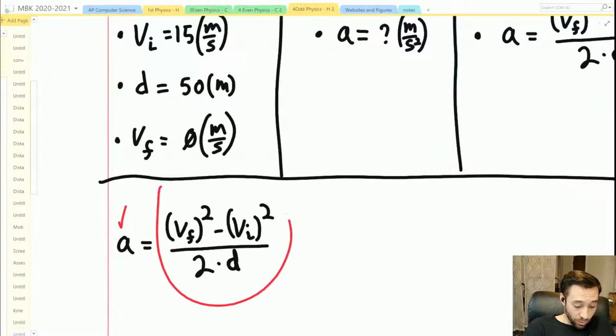And the only things that should be over here should be located in my knowns. So v sub i, yep. Displacement, yep. And final velocity, yep. So I get check marks all around. So I am now allowed to plug in.